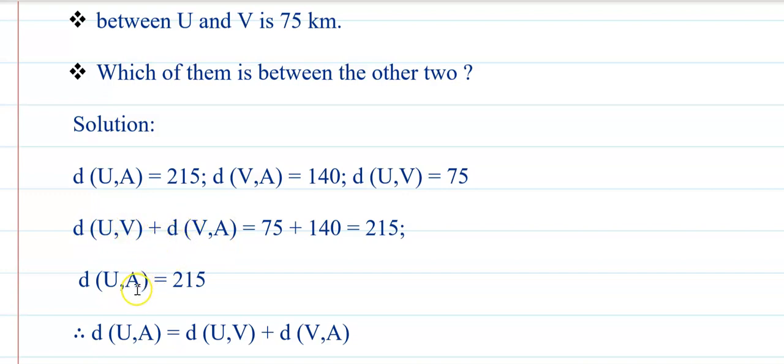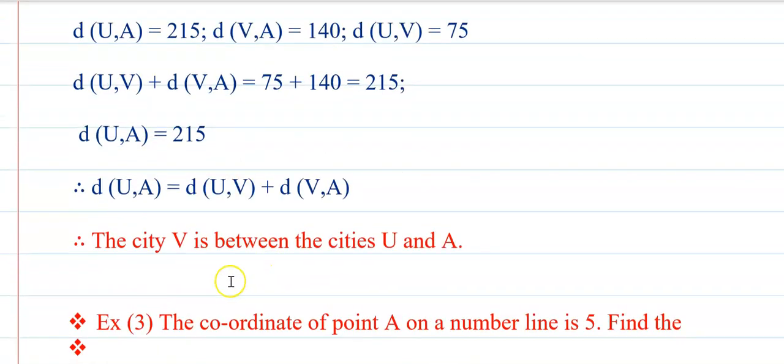It means that V is in between U and A. Then distance UA is equal to 215, and hence distance UA is equal to distance UV plus distance VA. Point V is common for these two distances. Therefore, the city V is between the cities U and A.